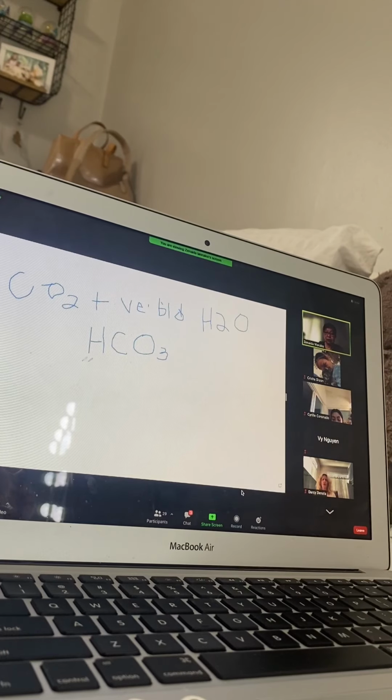And this is the hydrogen ion. That is the one that is responsible for the pH of the blood, the pH of the body.